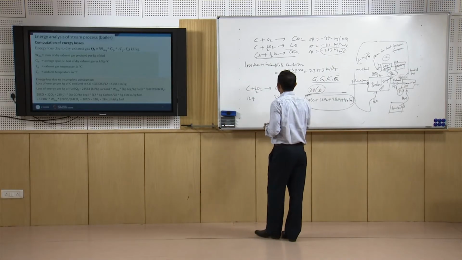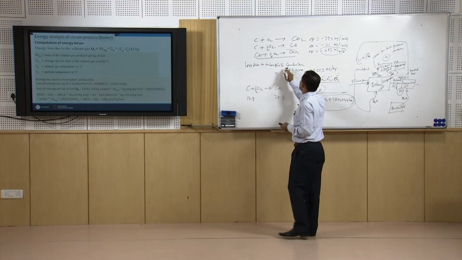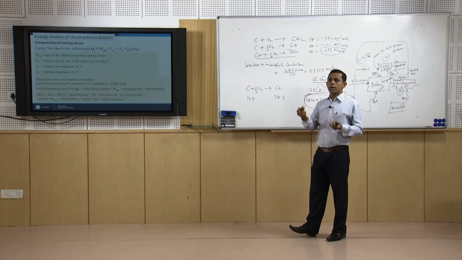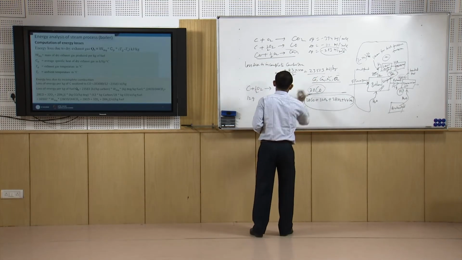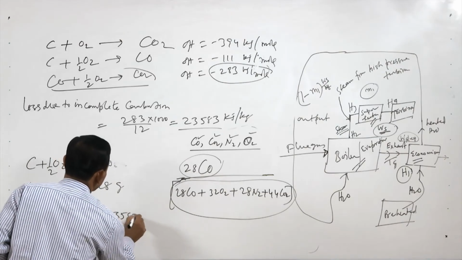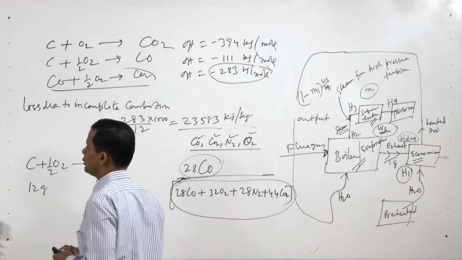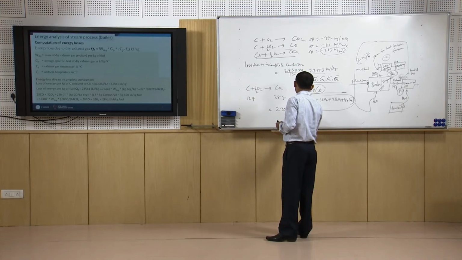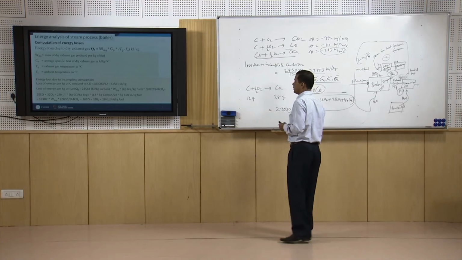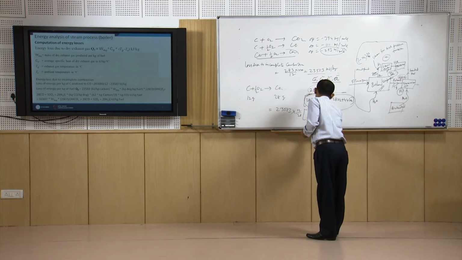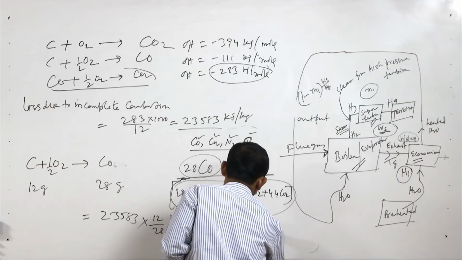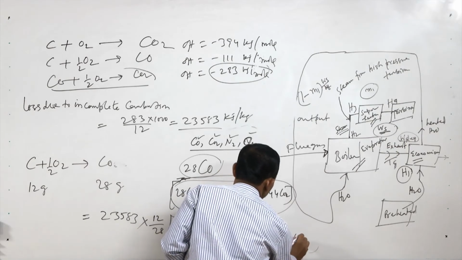That is why the loss due to incomplete combustion in terms of kilojoule per kg fuel will be 23583 into 12 by 28 into 28 CO divided by 28 CO plus 32 O2 plus 28 N2 plus 44 CO2.